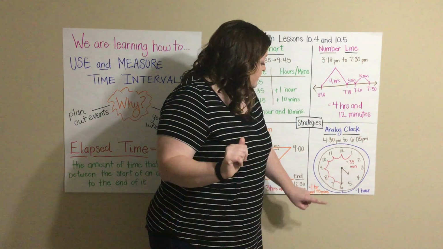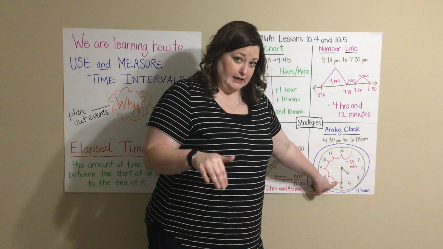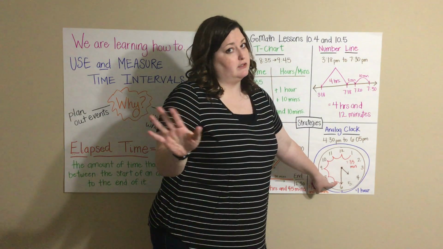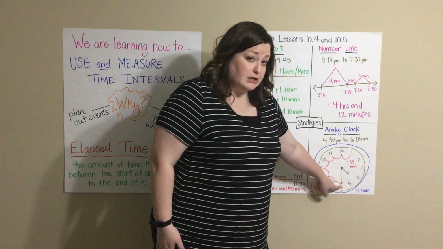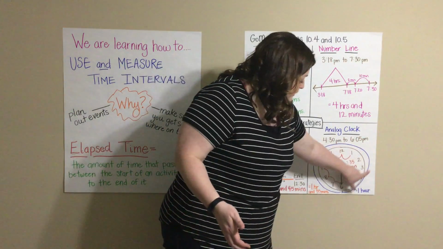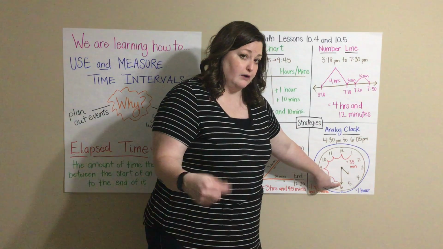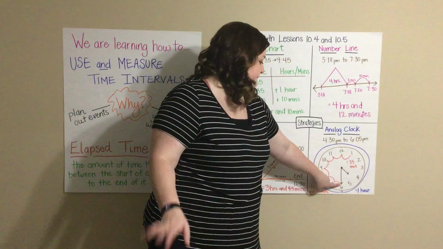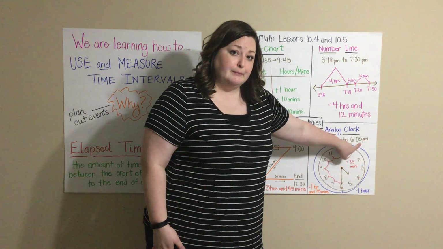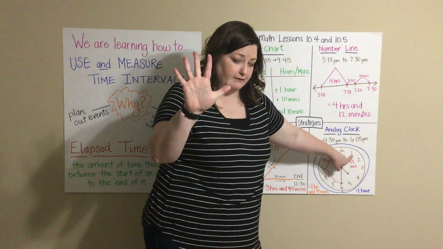That's too far. So what we're going to have to do is we're going to have to now go inside our analog clock. And if you can get a different color, that'd be great. So you're going to start at the 6, which is where, remember, your hour circle ended. Then you're going to go to the inside of the clock to count your minutes in a different color if you can. Counting by 5s until you get to 5 minutes after, which is at the 1. 1 times 5 is 5.